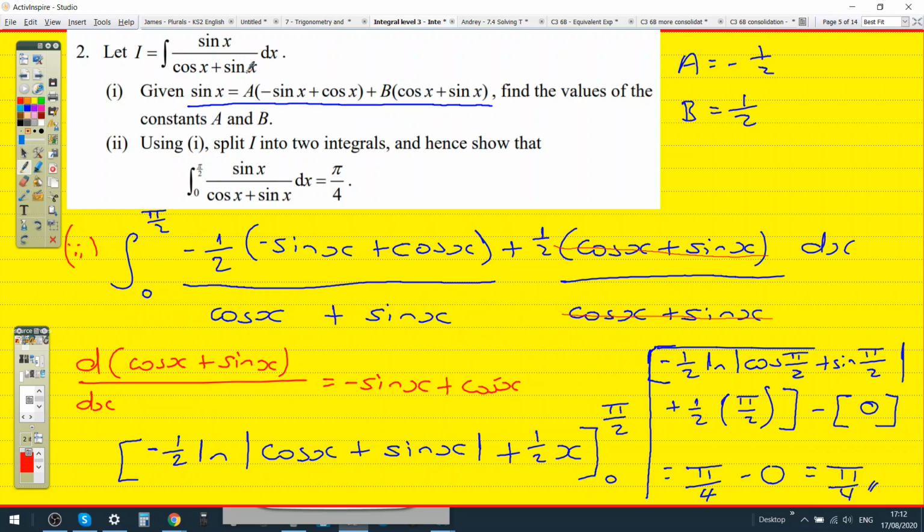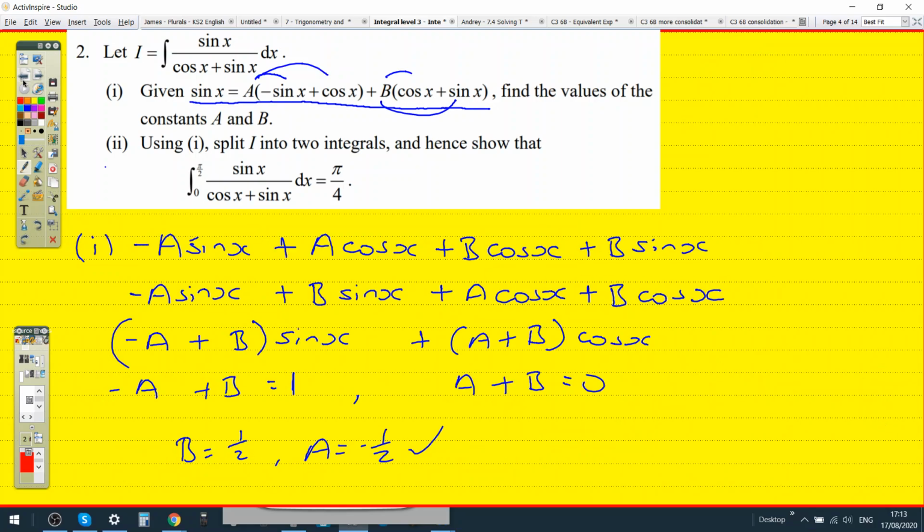Okay, big picture. It was given to us that sine x is equal to this plus that, where those are constants. Expand the brackets, factorize, and then compare the coefficients to get simultaneous equations and solve. Second part, using part 1. So instead of sine x, you write what sine x is equal to.